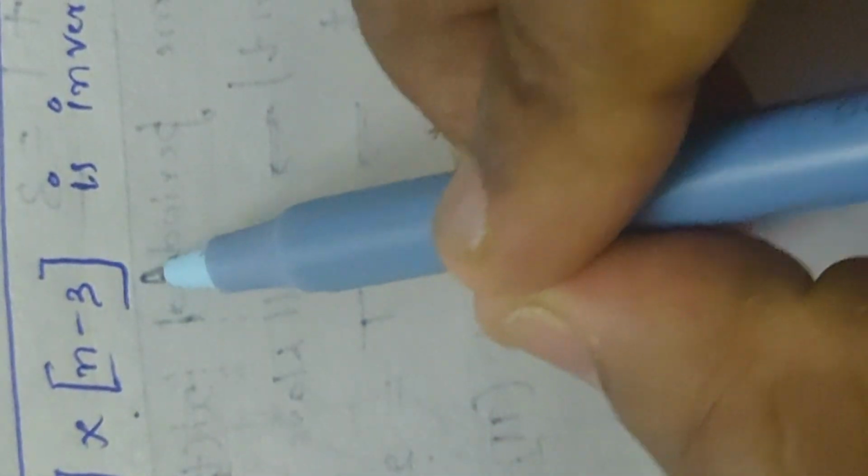In this question, he has given y of n is equals to x of n minus 3. He is saying whether this system is invertible or non-invertible. Now let us take y of 3, which is equals to x of 3 into x of 0.